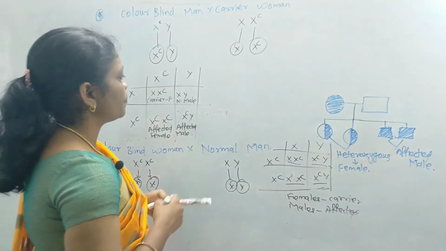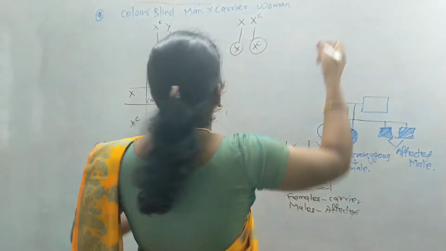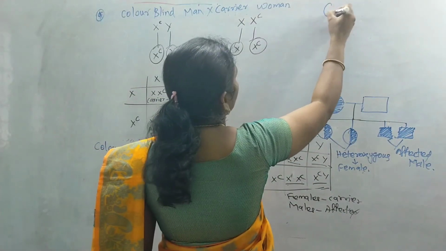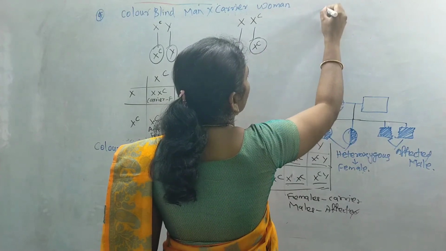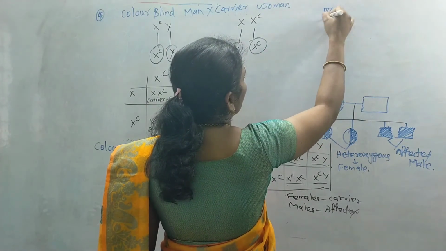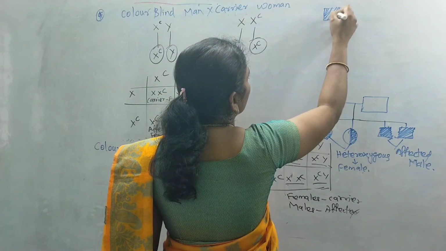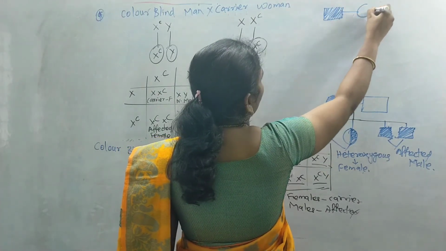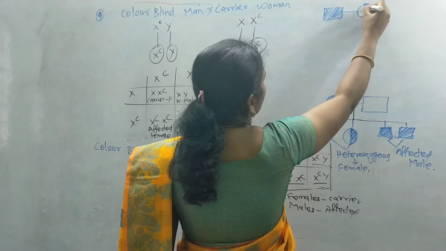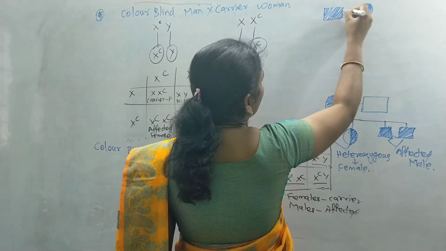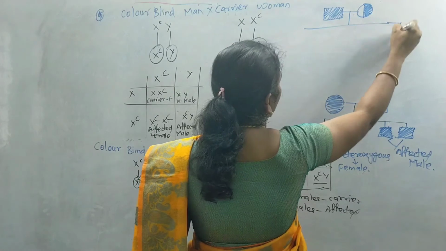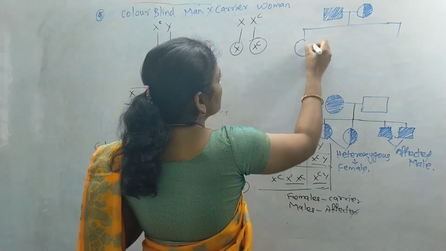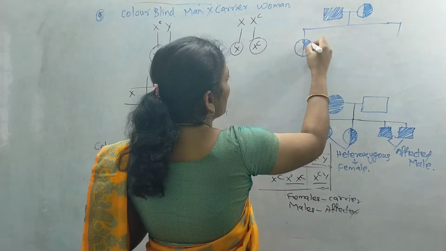If you want to write this pedigree chart, we'll write here colorblind man. So colorblind man should be completely shaded. If he marries a carrier woman, so heterozygous to the disease, it should be half shaded. The offspring are, now the female is a carrier, so it should be half shaded.